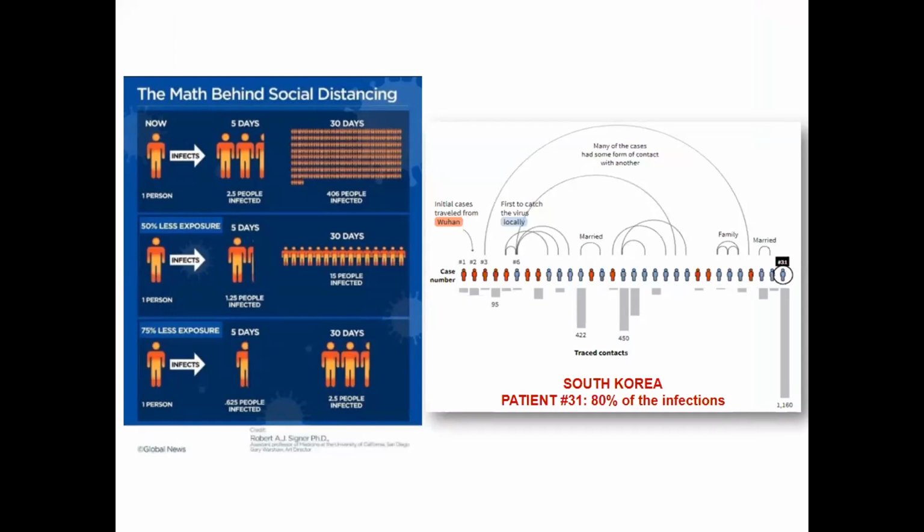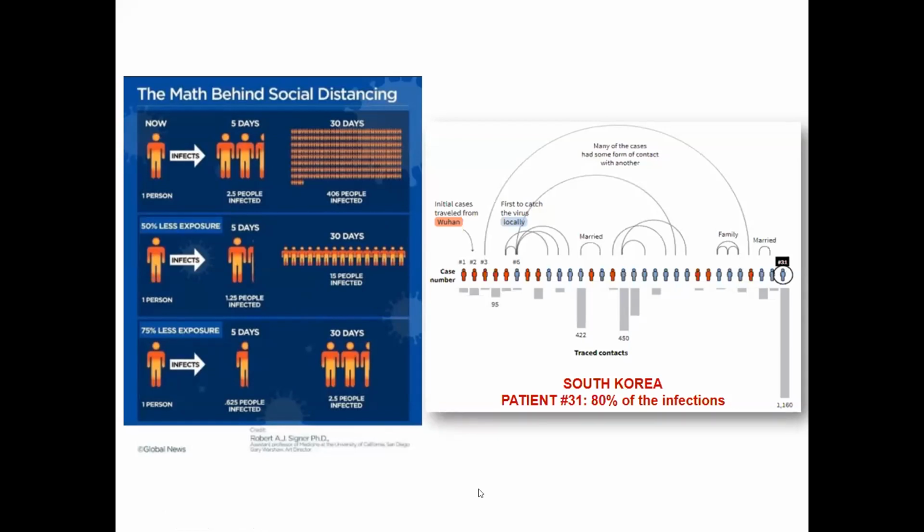If they continue to infect people over a 30-day period, one person could potentially infect 406 people. If you reduce the exposure by at least 50%, then one person could potentially infect 15 people in a 30-day period. So you can see that through social distancing and preventative measures, you can reduce the number of infections significantly.